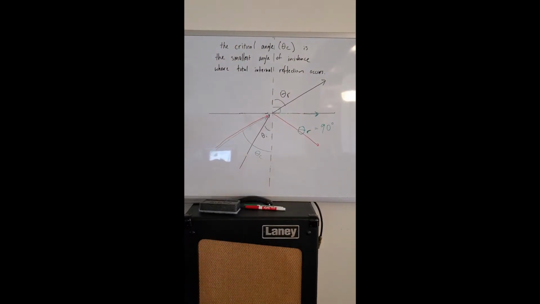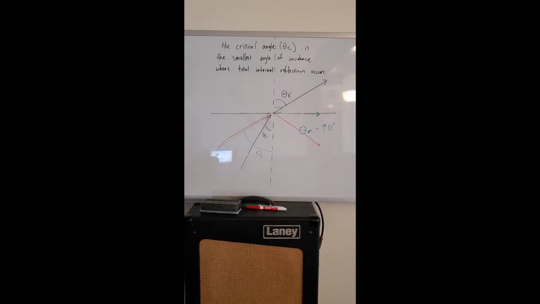So you should be able to find that in your total internal reflection guided notes on your Schoology. It should be there. We also have some math to do as well.